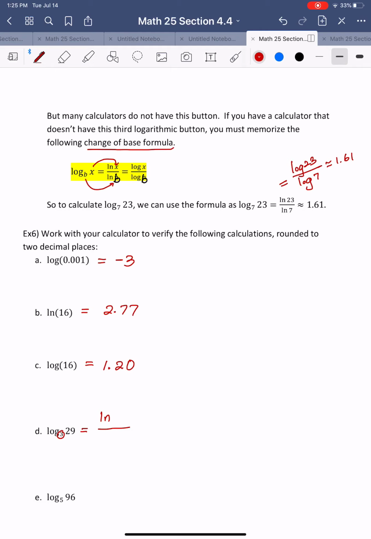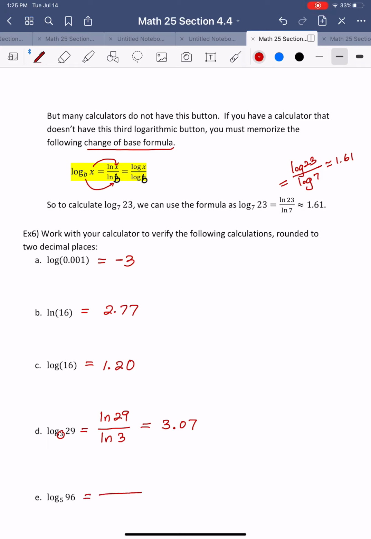I'm going to choose ln: ln 29 over ln 3. Find ln 29 and divide by ln 3, and you'll get about 3.07, because there's a 5 after the 6, I need to say 7.